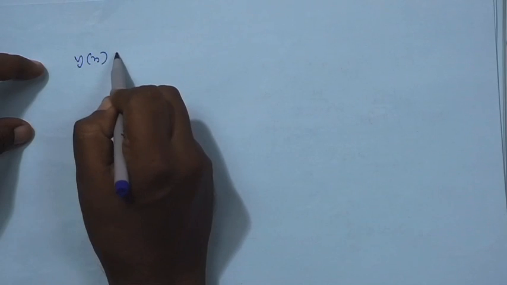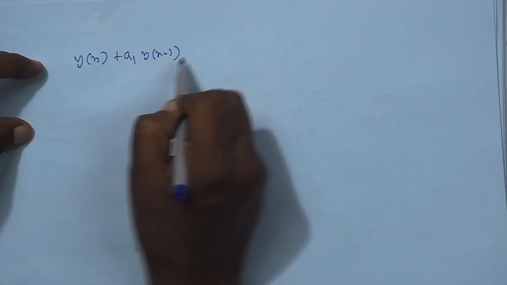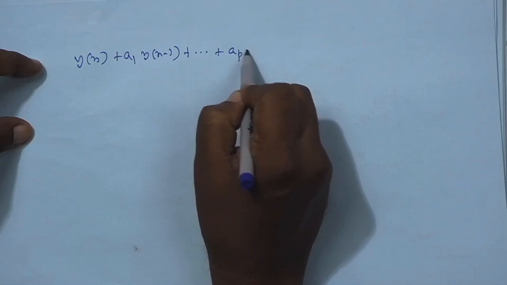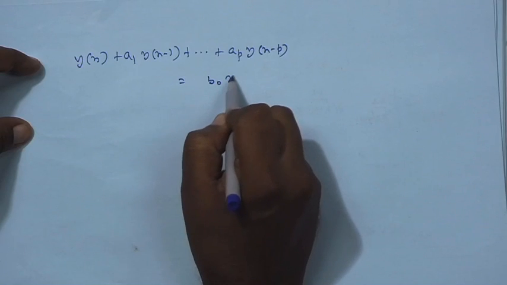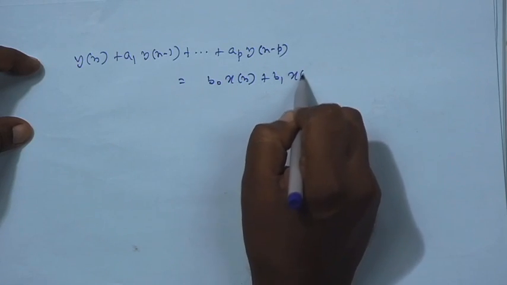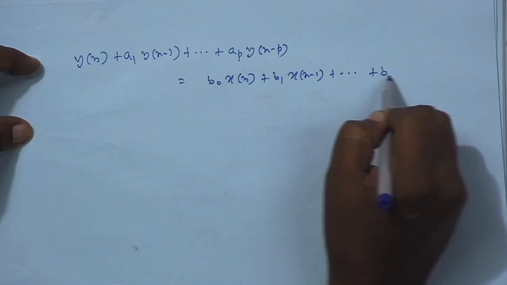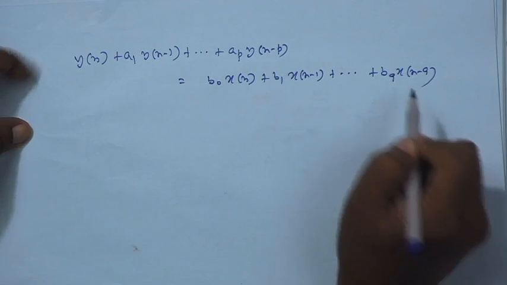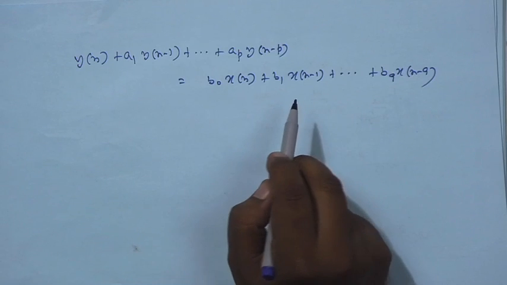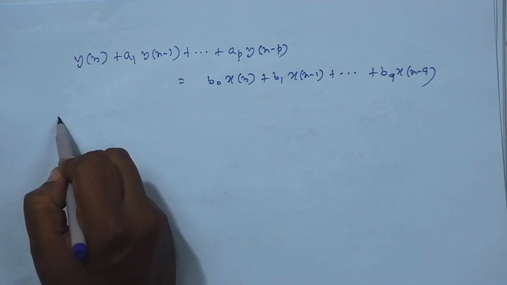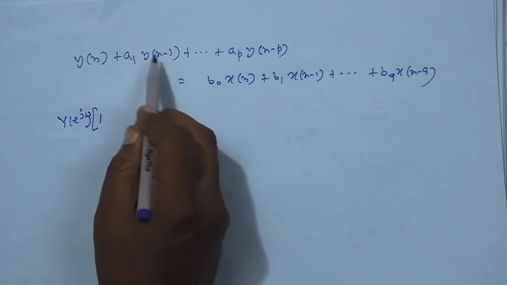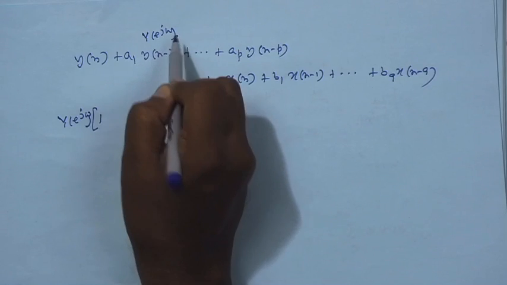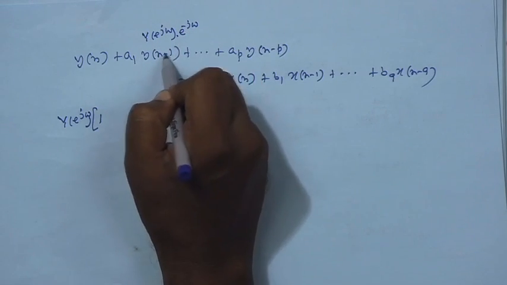Now, you consider the difference equation. Suppose I take DTFT on the left hand side and right hand side. So, again they will be equal. This DTFT is Y e to the power j omega, take common. So, 1. This DTFT is Y e to the power j omega into e to the power minus j omega k, k is 1 here, j omega.